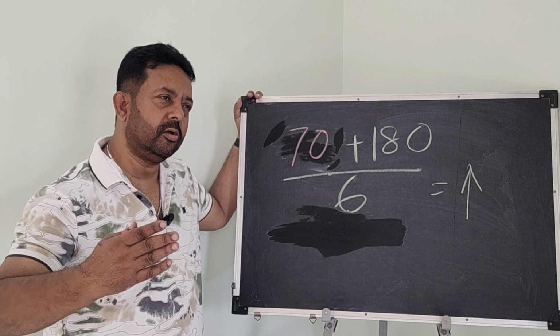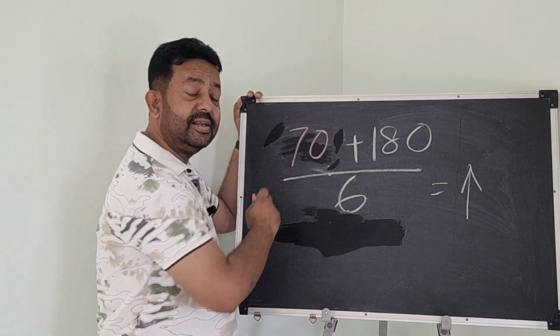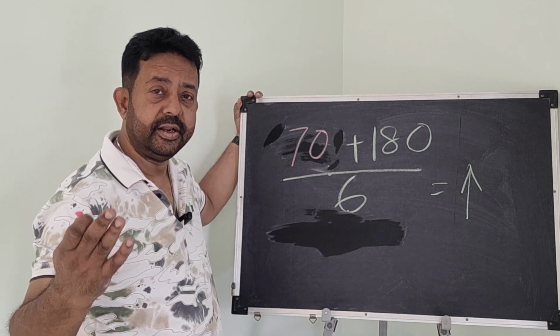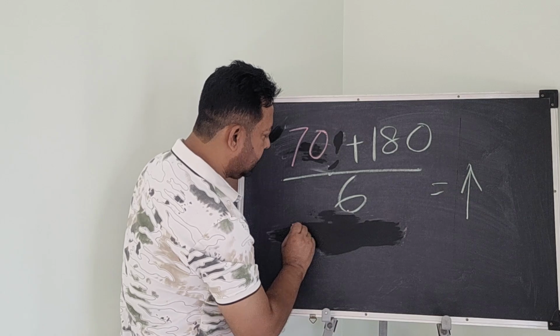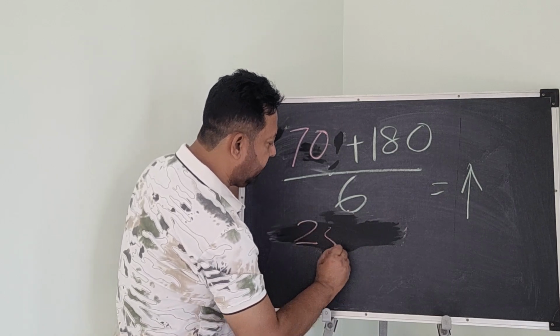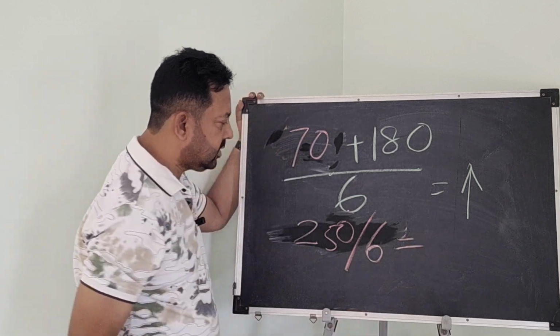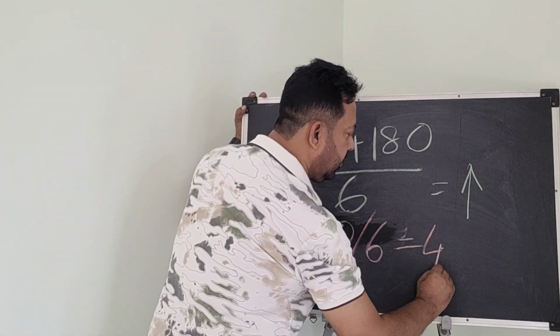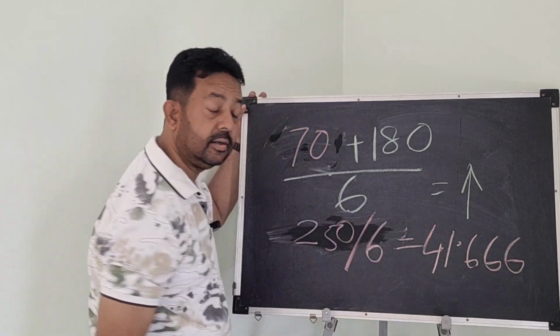So suppose I am on the east part of the prime meridian and my longitude is 70 degree east. So this will be plus. So 70 plus 180 is equal to 250 divided by 6, and we get 41.666, right?